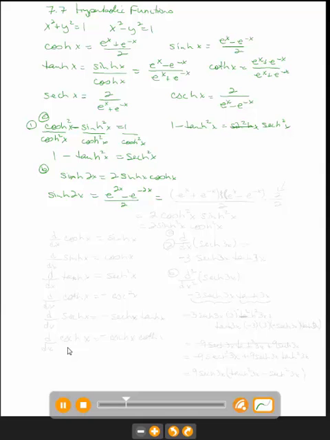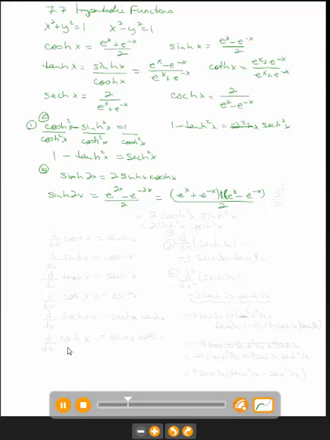That would be a difference of 2 squares. e to the x plus e to the negative x and e to the x minus e to the negative x all over 2.